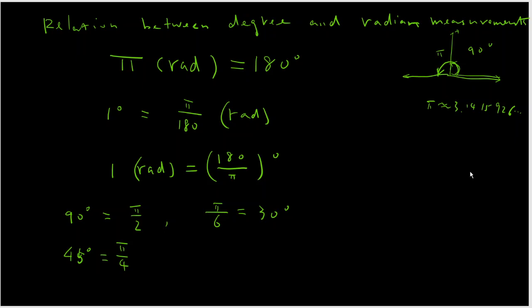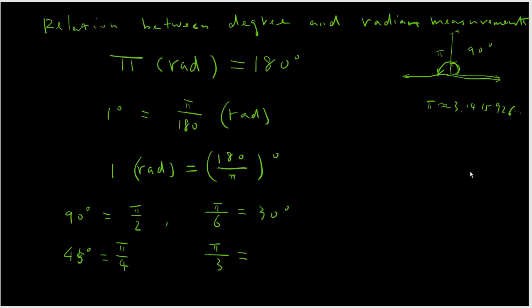I think we just need one more commonly used angle. Pi over 3. Now let's do the conversion from radian side to degree side. Pi over 3. Anybody want to write how many degrees?